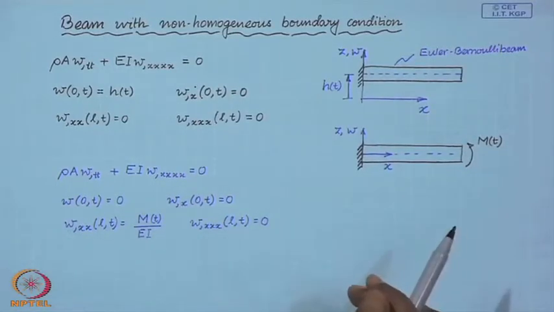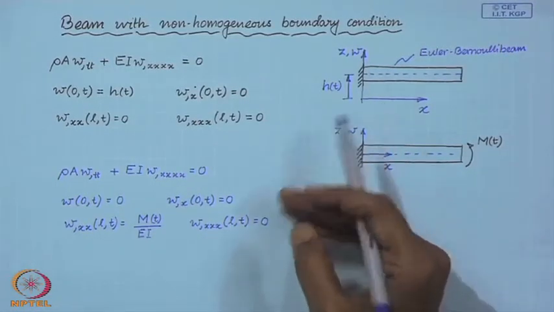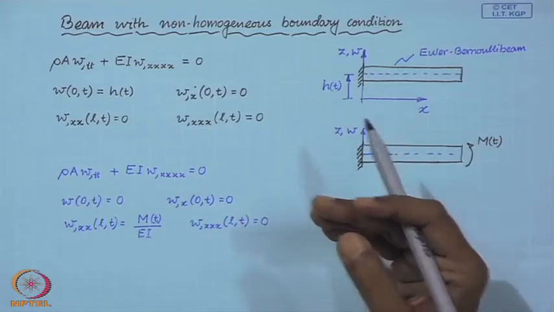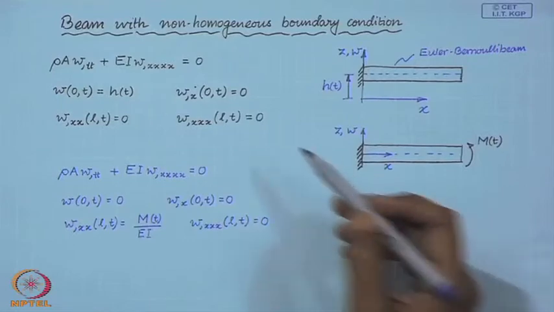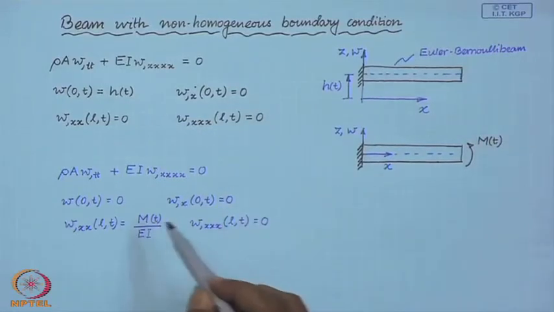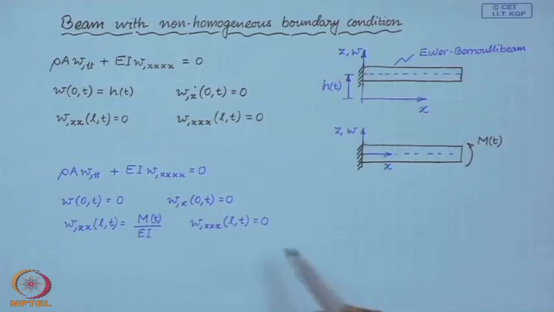Now, why do we need this? Because whenever we have solved the eigenvalue problem, we have considered homogeneous boundary conditions usually. So, if you want to use this modal expansion theorem for solving the system, you will require that the boundary conditions be homogenized first.